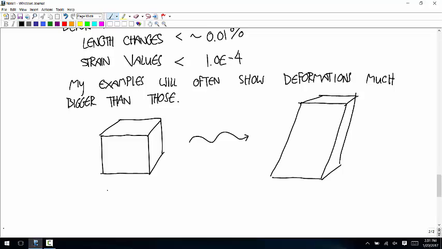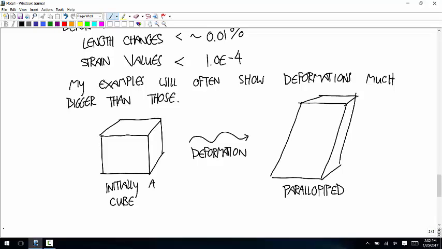So objects that are initially a cube become a parallelepiped. Remember that?